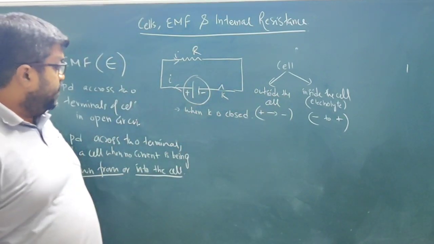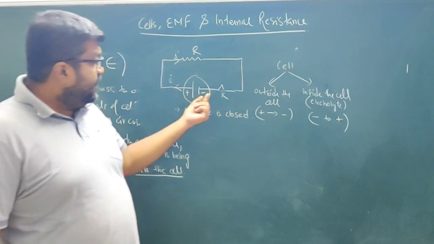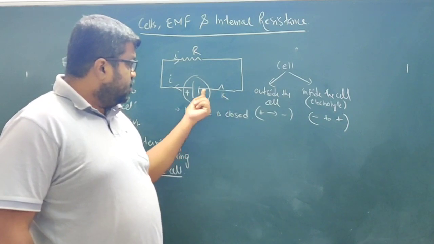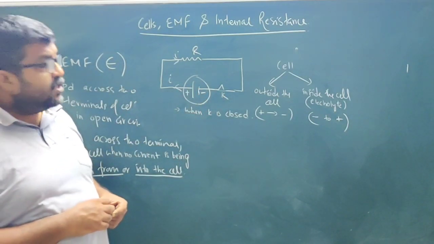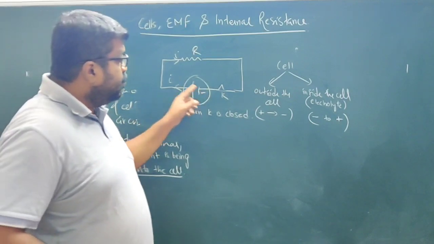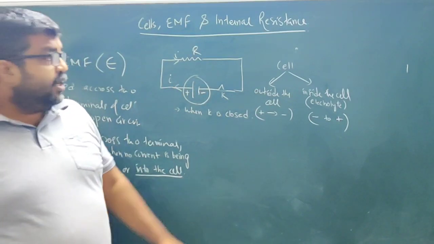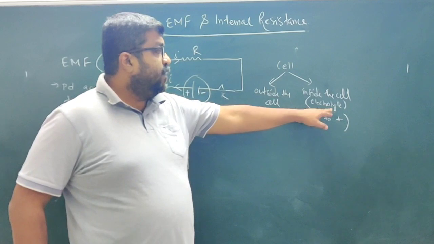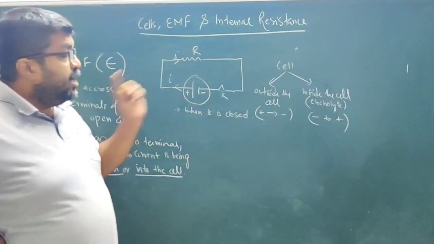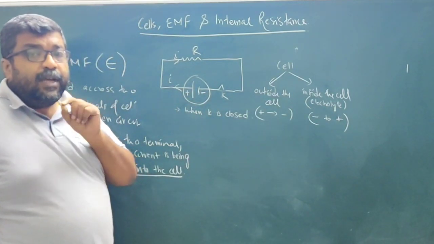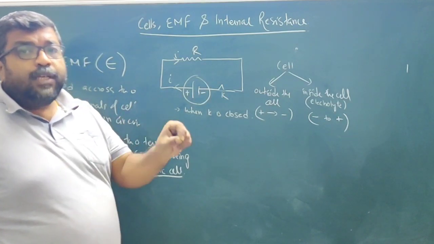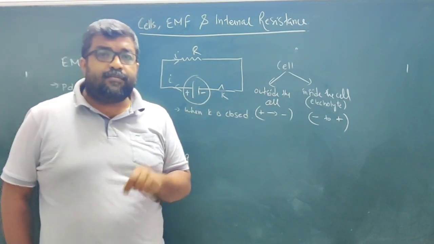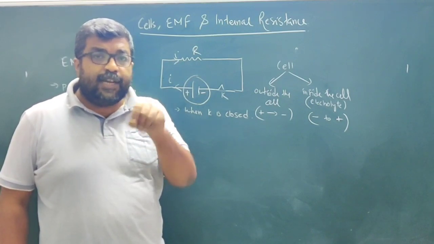Now obviously, when this key is closed, the current is flowing through the electrolyte. Inside the cell, what do you have? Electrolyte. Now we know that except superconductors, all other conductors offer some resistance to the flow of electric current.